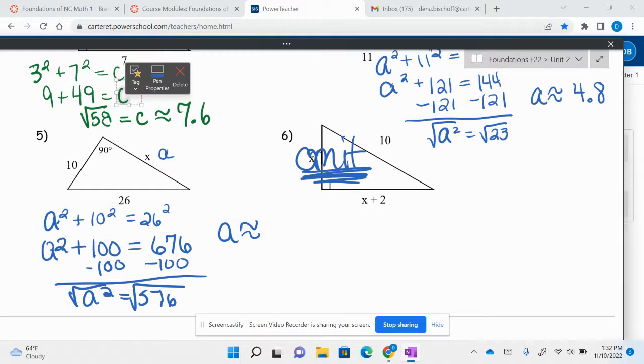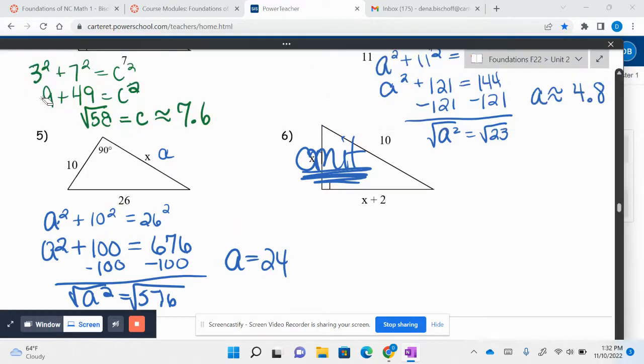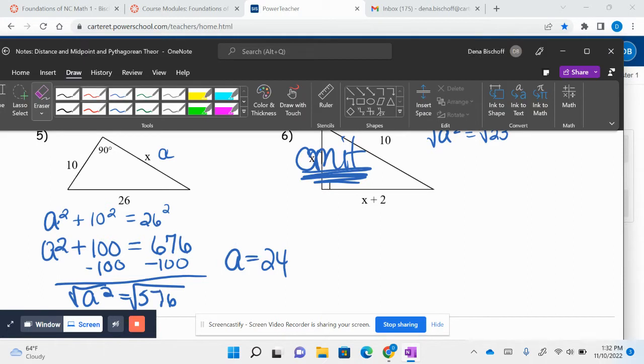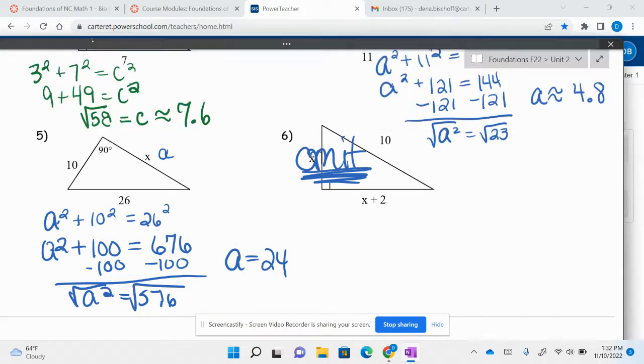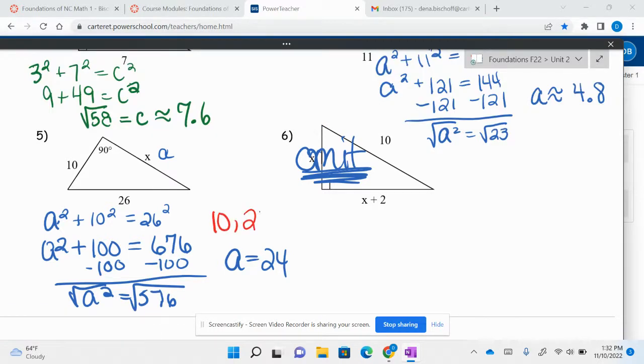It's exactly 24. Yeah. So this is another Pythagorean triple. So let's write this one down. 10, 24, 26.